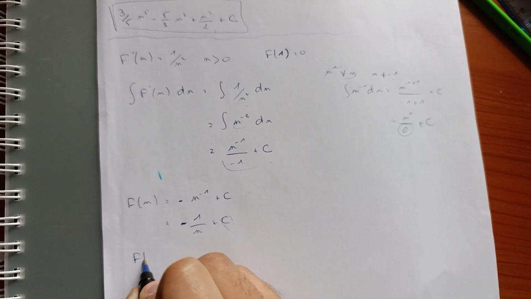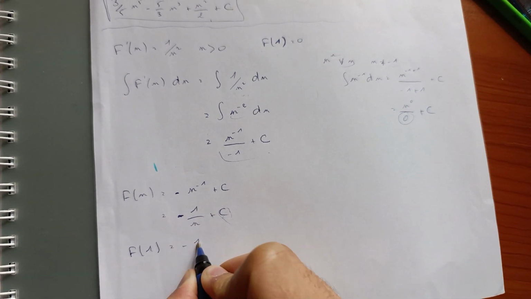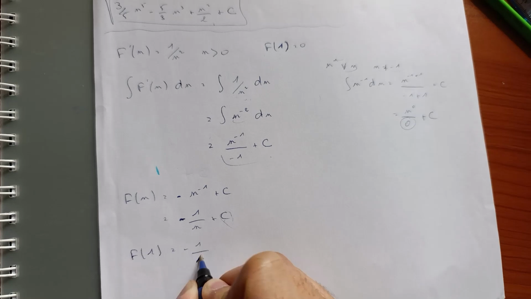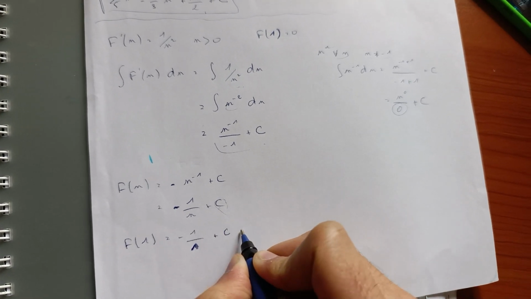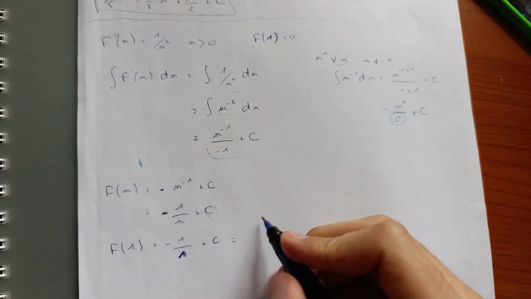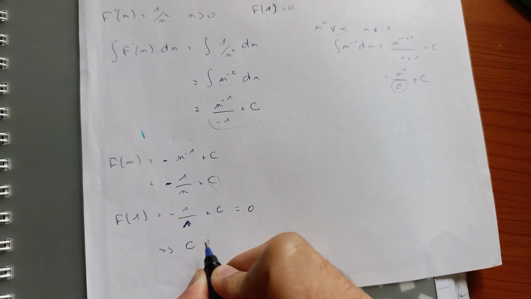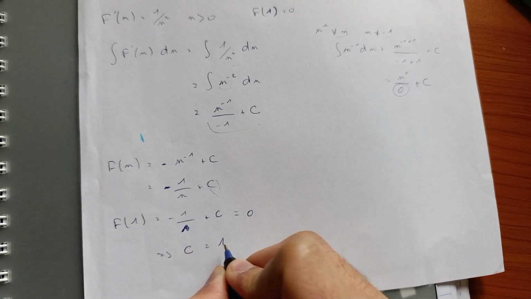So I can go on and do f of 1, which is minus 1 over 1 plus c, and this needs to be equal to 0 because f of 1 is equal to 0. This means that c will be equal to 1.